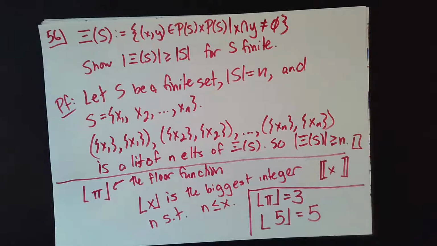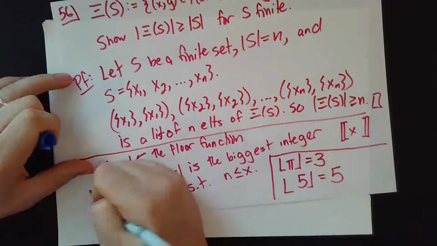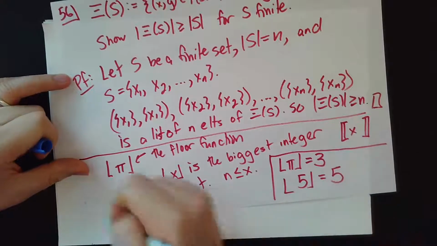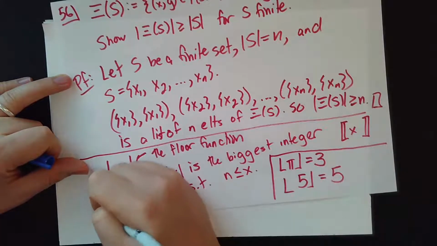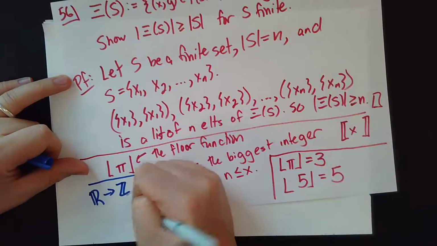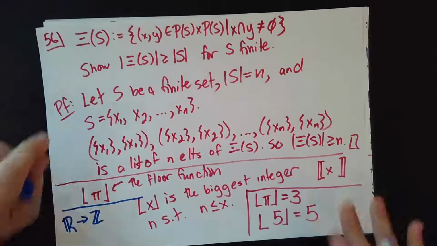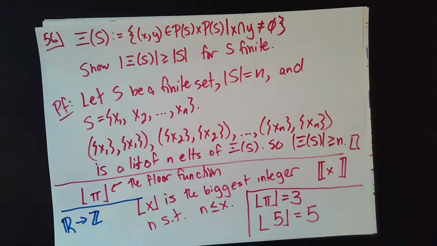So this is just an example of a reasonable function that goes from the reals to the integers. So it is a natural function to come up in examples of these sorts of things.